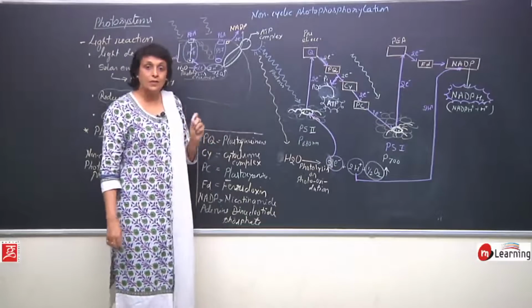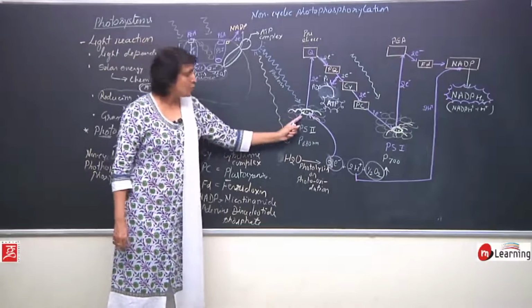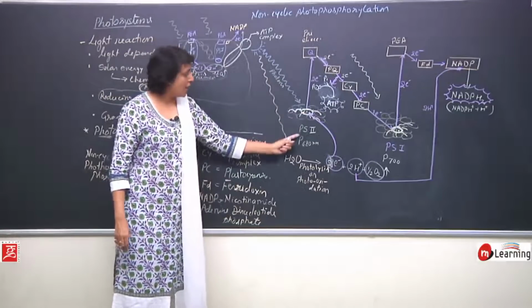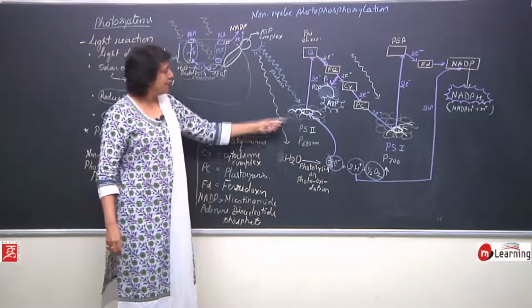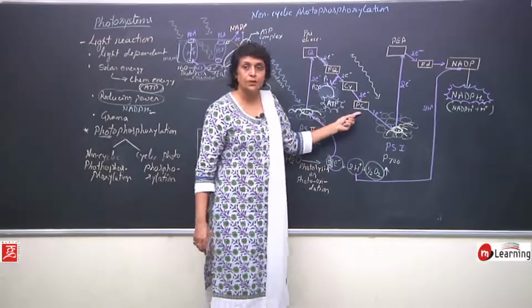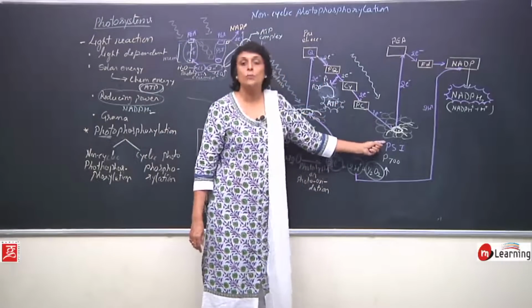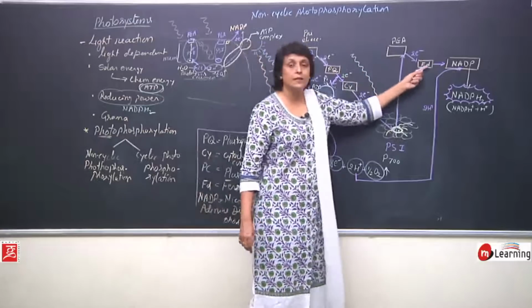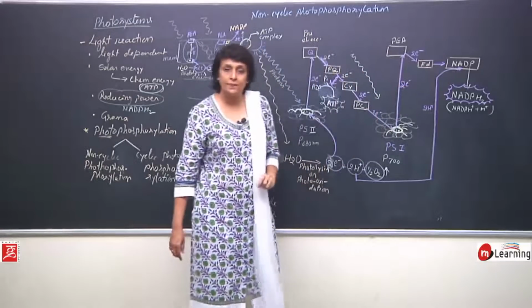Why did we call it non-cyclic? Electron was first getting released from chlorophyll A of PS2, then through primary electron acceptor chain it went to PS1, and from PS1 again through electron acceptors it went to NADP.